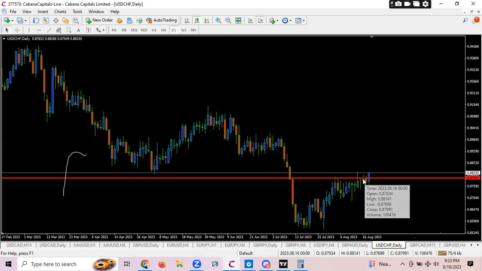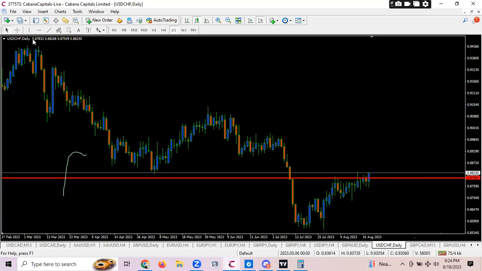Okay, so you can see this was a resistance, which has become a support. It has become a support after this candle closed above it.